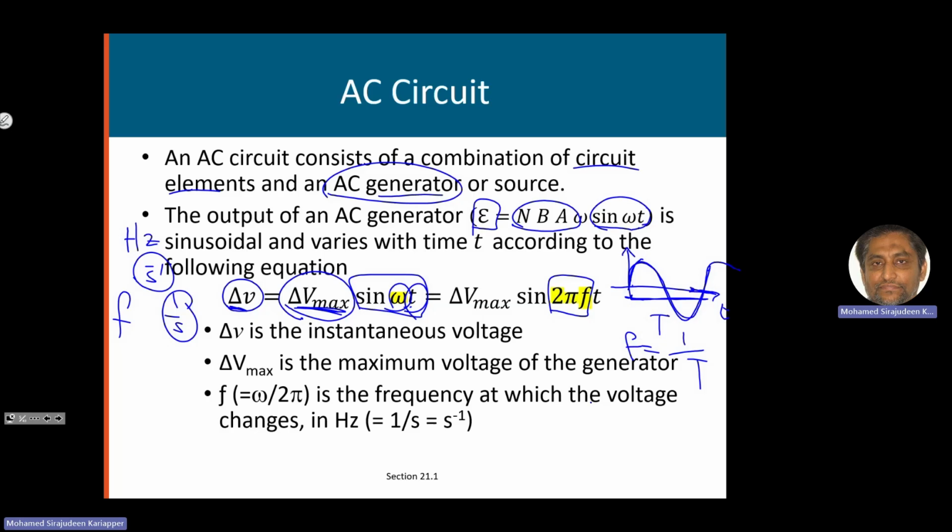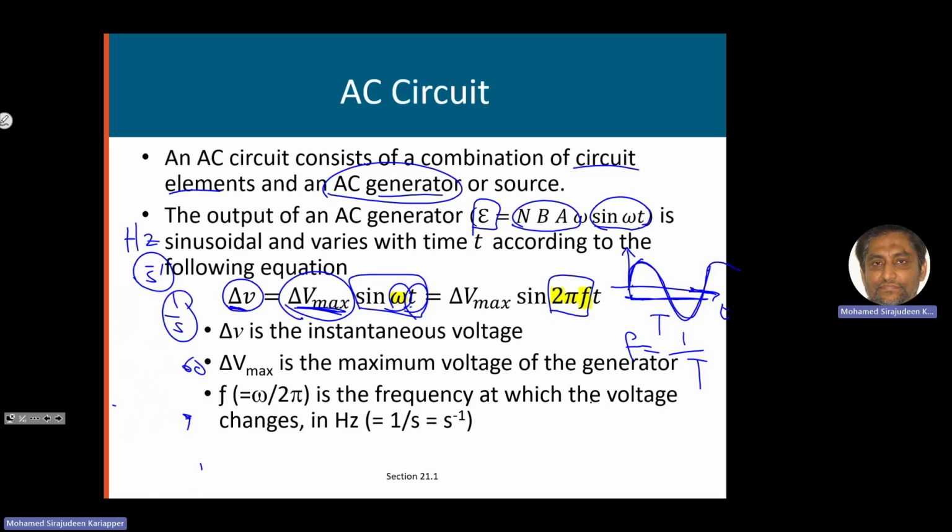That means the time period of one cycle is 1 over 60 second. From here to here is just a fraction of a second, 1 over 60 second. So the frequency is 1 over the period, and 1 over 1 over 60 is 60 hertz.